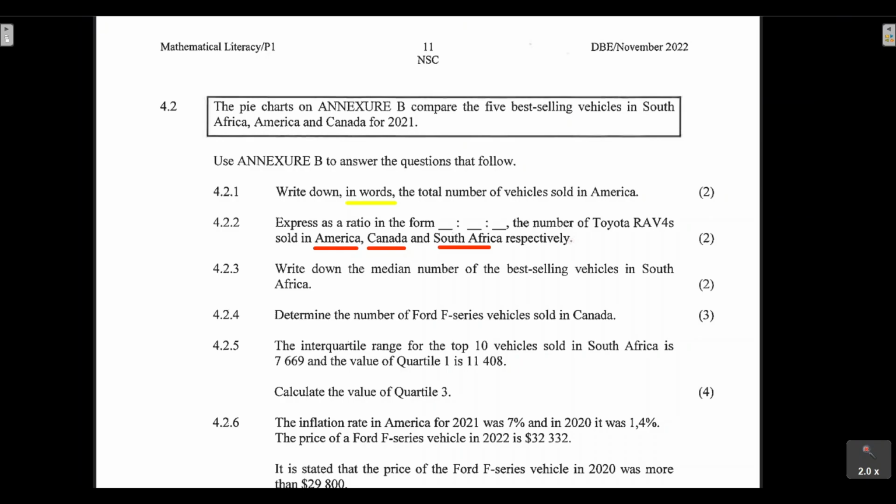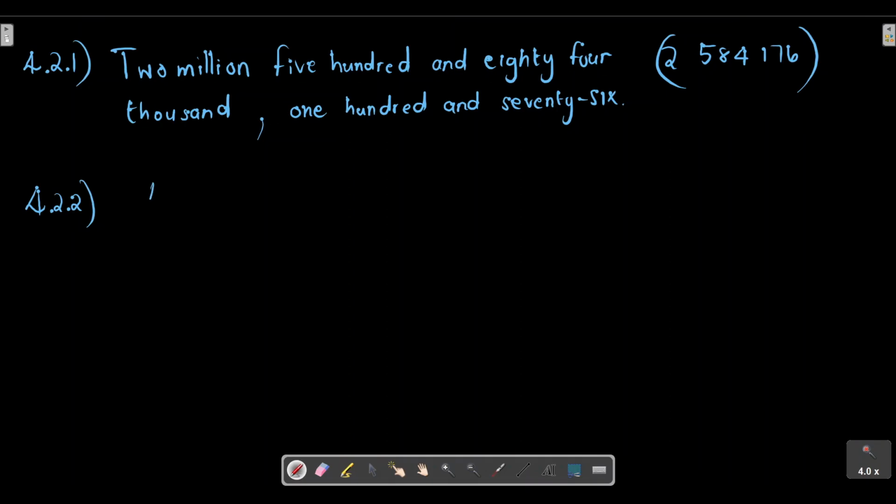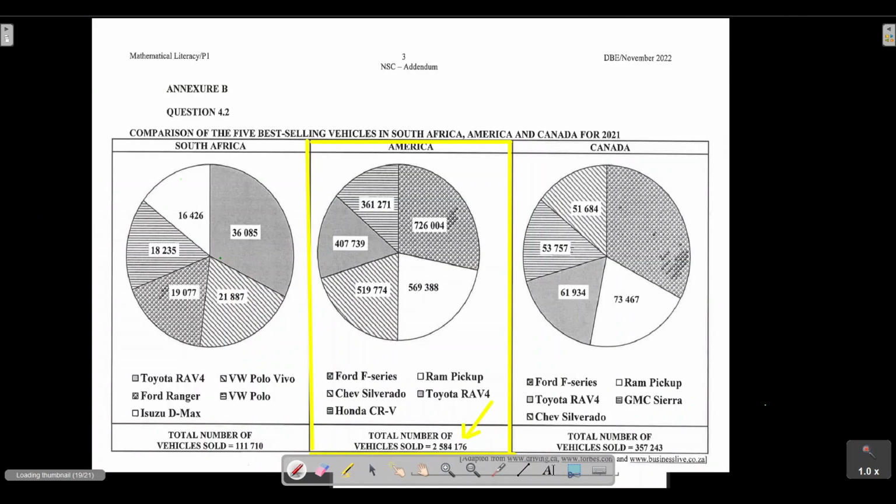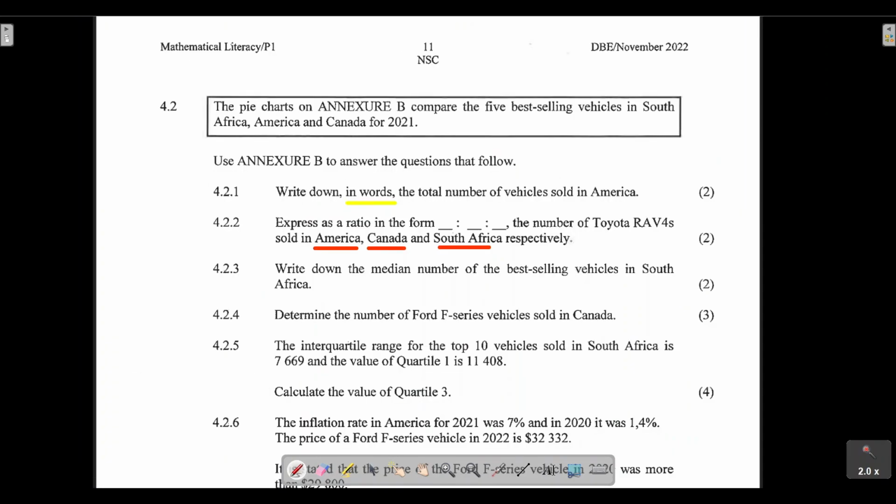So let's write that down. Remember they said sold in America. I'm just writing this so we don't make mistakes. In America, then Canada, then South Africa. We want to find the total number of RAV4s that were sold.